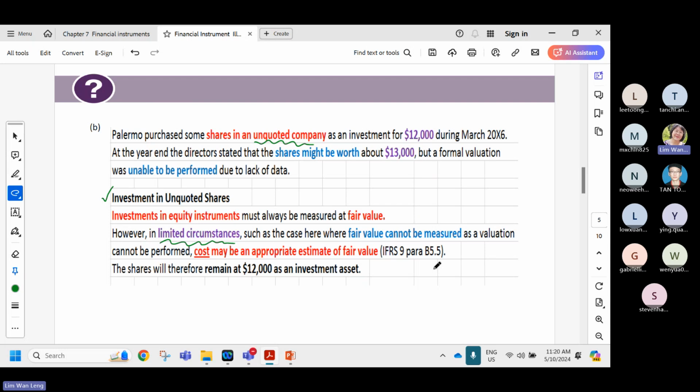So if they tell you that you cannot get the fair value, you just use the cost as the proxy for the fair value. In other words, the shares will remain at 12,000 as an investment in the unquoted shares of another company. Got it?